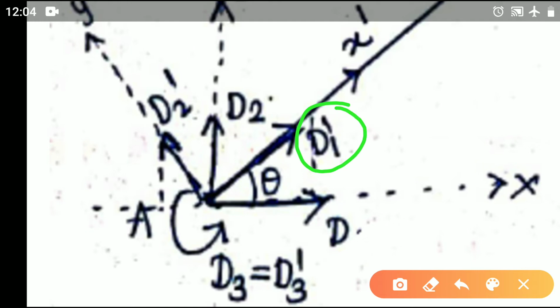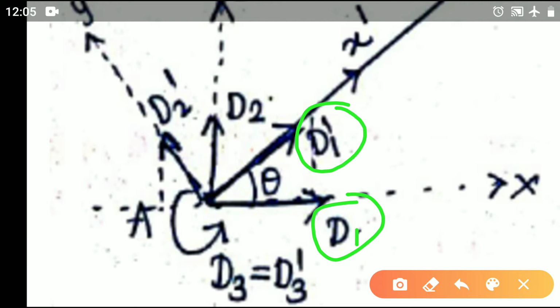First we will concentrate on node A. Now it is time to convert this local degree of freedom into global degree of freedom. And how to write that we have also seen in truss analysis.